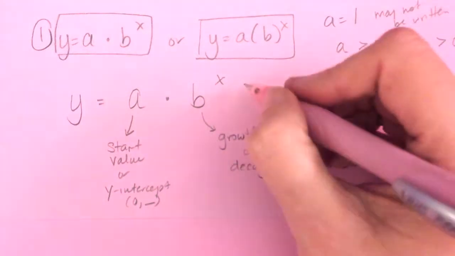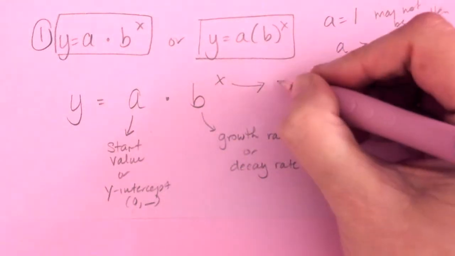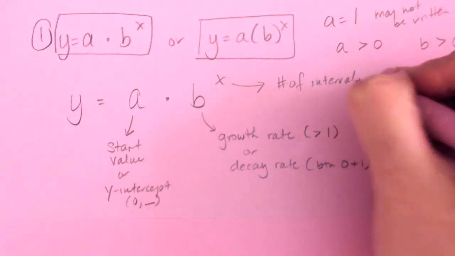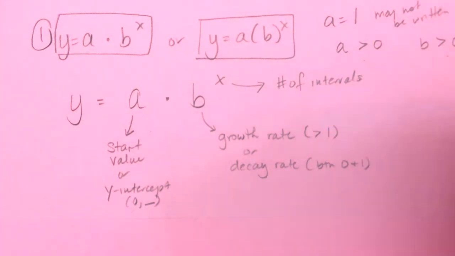Now, the x, we haven't really specified this, but the x is the number of intervals. We've done a lot of examples with folding paper, where x would be the number of folds. But when we're talking about things that happen over time, like bacteria splitting every hour, then 1 hour would be the interval.